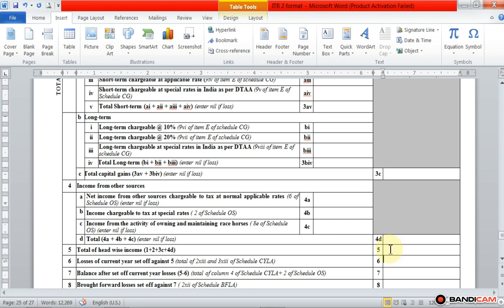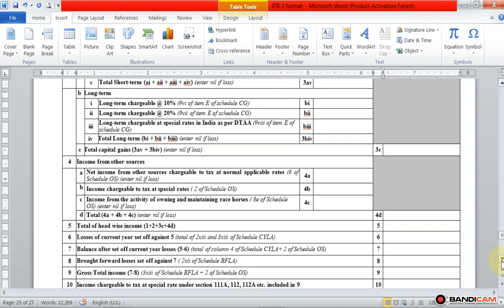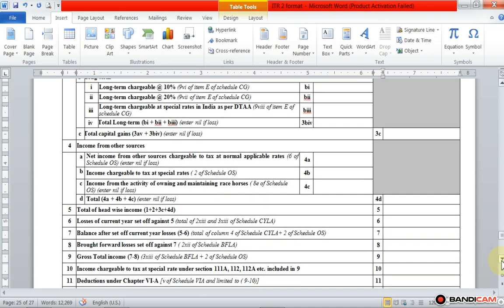Then the loss which is not adjusted in the current year's profit is brought forward to the next year, and this brought forward loss can be written in front of column number 8. Then we get income chargeable to tax at special rate under section 111A, 112, 112A, etc., included in column 9.